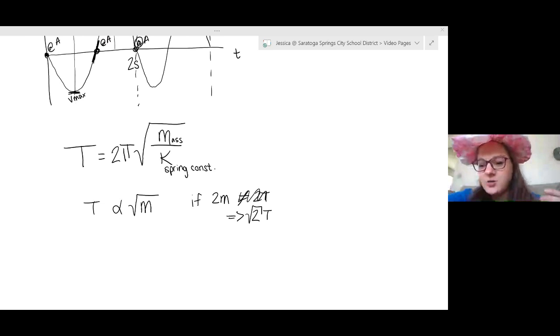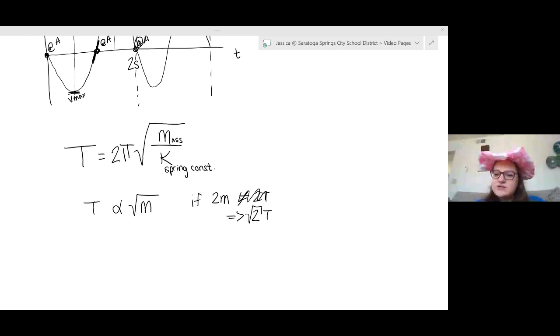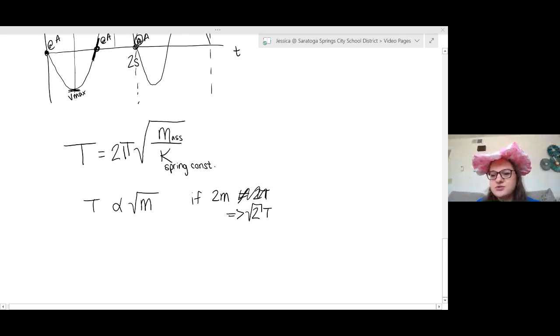So the velocity is always greater than or equal to 0? Well, yeah, I mean, it can be less than 0 too, because we can have negative velocity if we're moving backwards. For instance, if we're moving to the left, then we're going to have negative velocity.